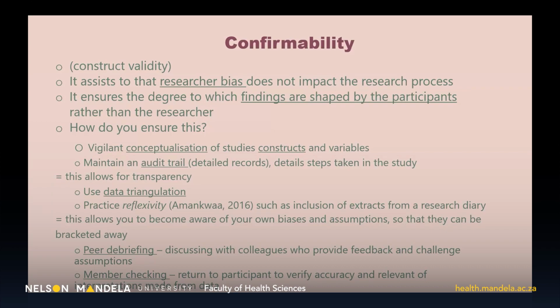You triangulate your sources where you can, so that that triangulation confirms the data that you're using. And these are all processes that ultimately are going to allow you to bracket your bias away and be able to trust your data more deeply.